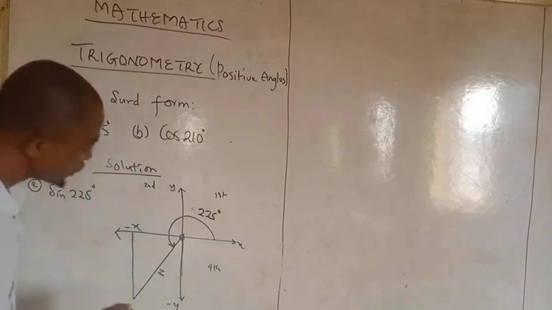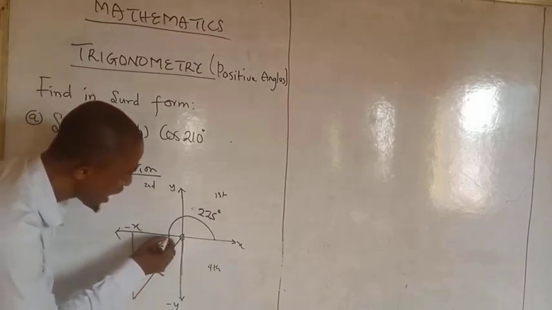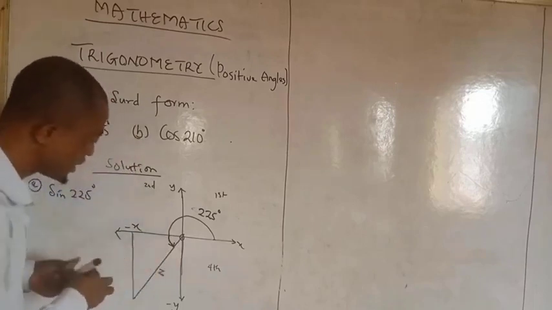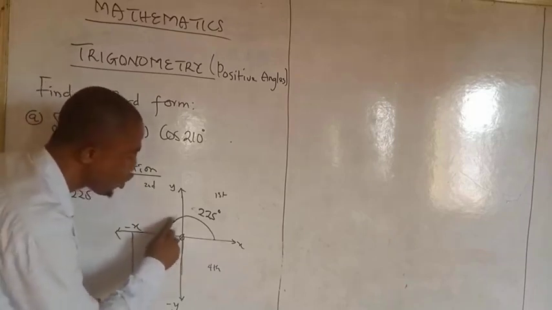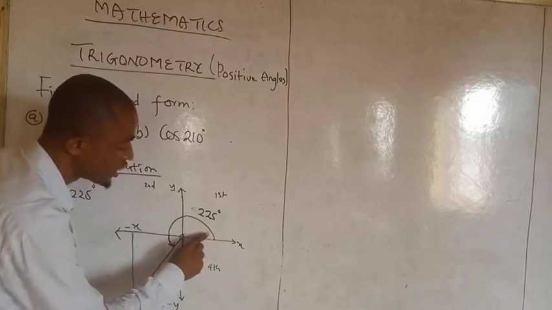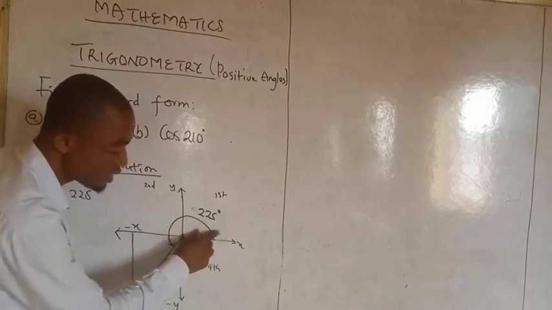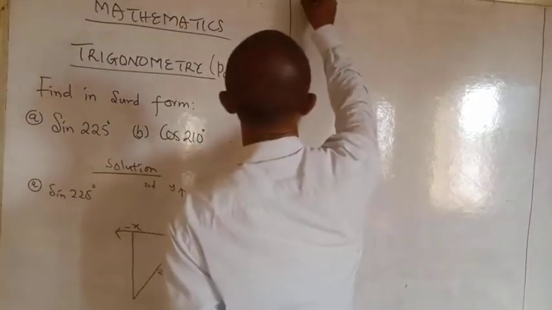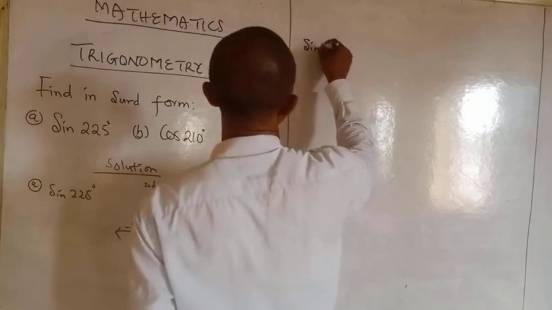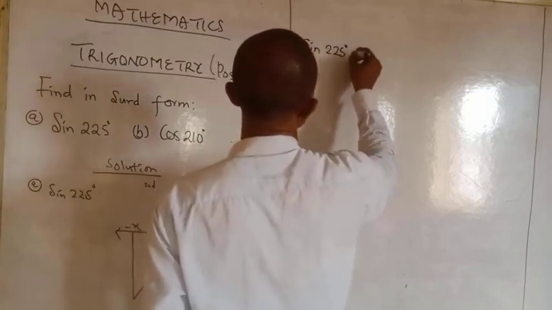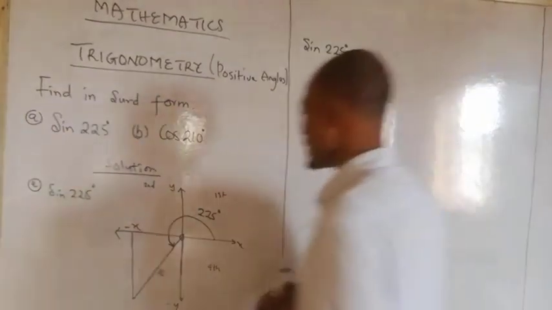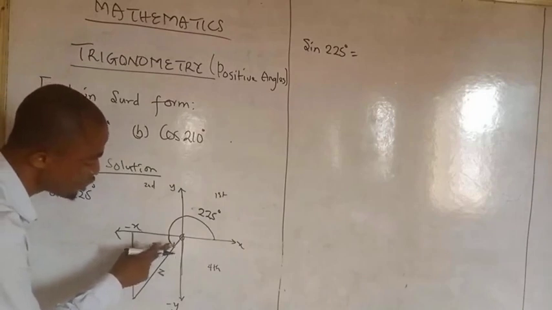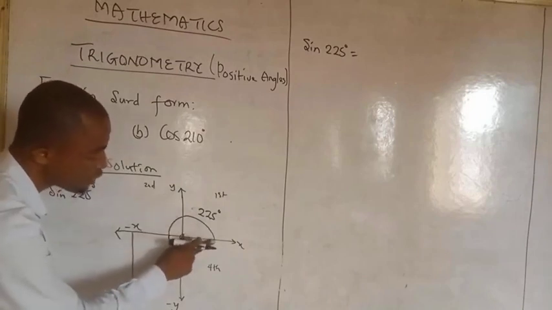If I want to get this small acute angle that is here, I can relate this small acute angle with the whole of this reflex angle, which is 225. So I can say that sine 225 degrees is the same thing as, look at it, I'm relating this acute angle with the whole of this big angle 225.